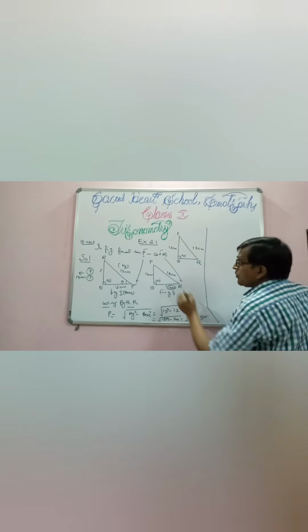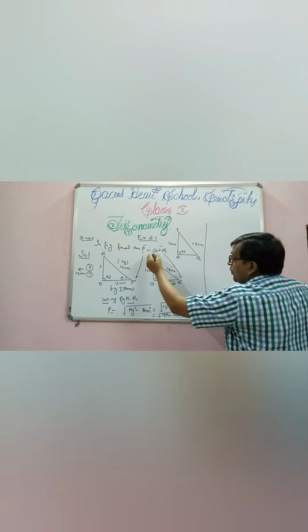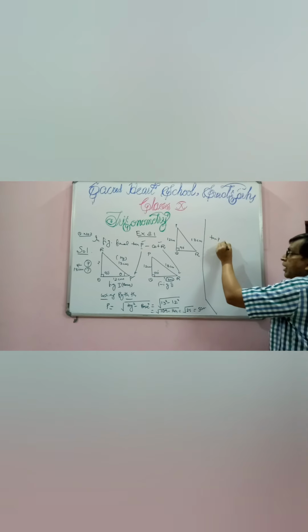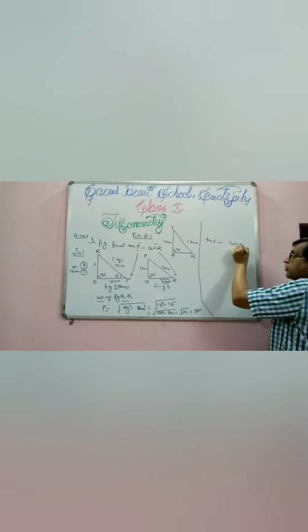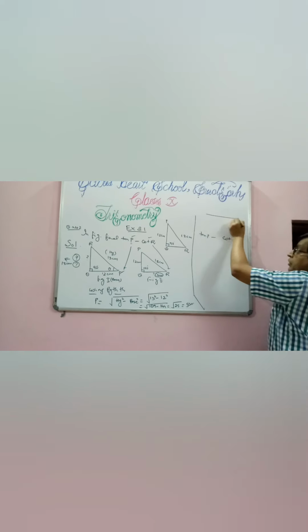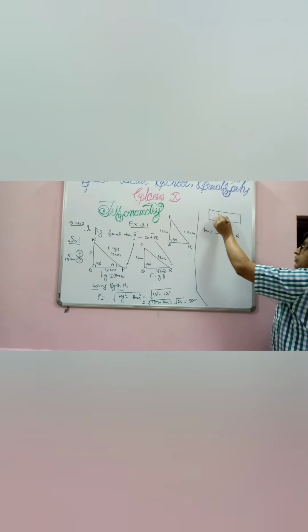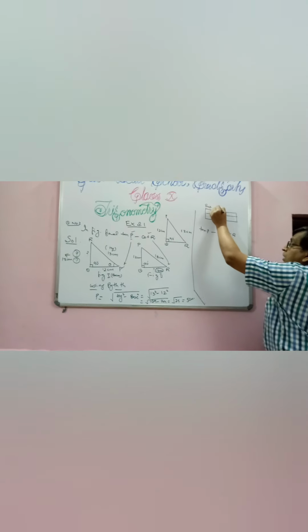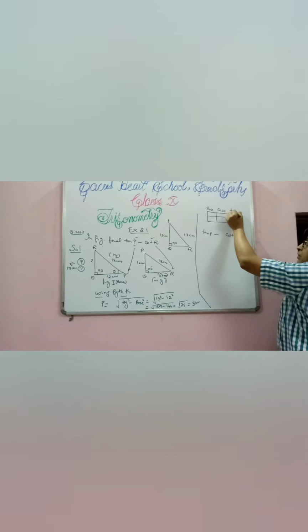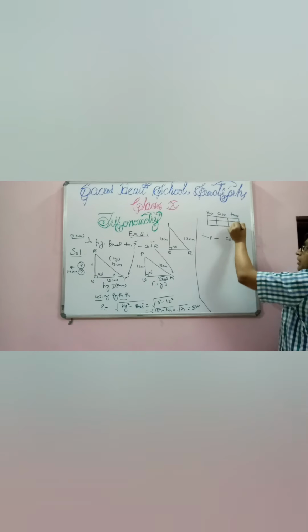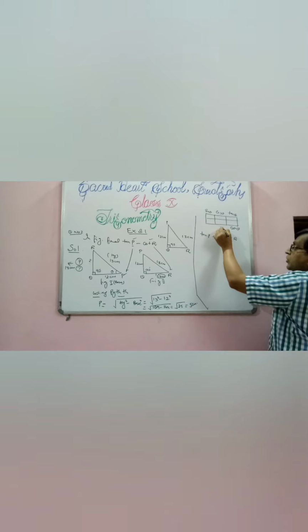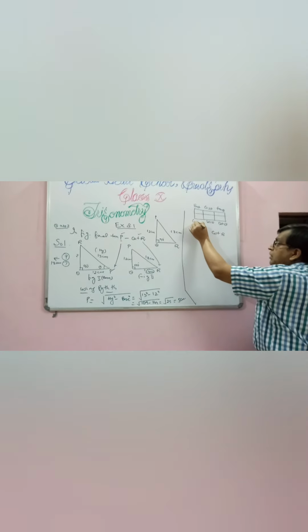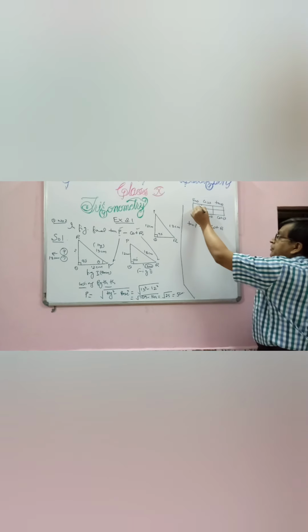Now you see the question again. Find tan P minus cot R. We have a table: sin theta, cos theta, tan theta. Tan theta opposite cot theta, cos theta opposite sec theta, sin opposite cosec theta.